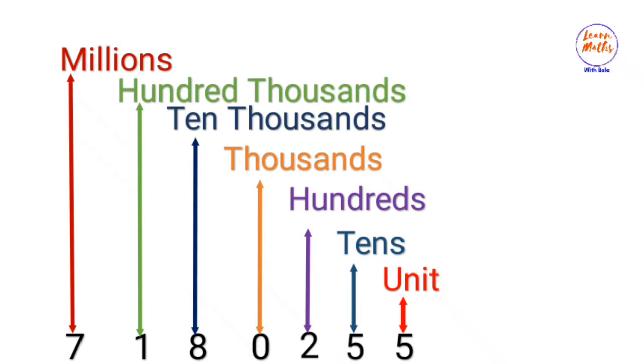Especially when you are finding place value, this comes in handy whenever you are writing in words. If you know the place value of numbers very well, when it's time to write numbers in words, it becomes so easy and simple. So this is the chart that explains the place value of numbers from units to tens to hundreds, thousands, 10,000s, 100,000s. Then you have millions.